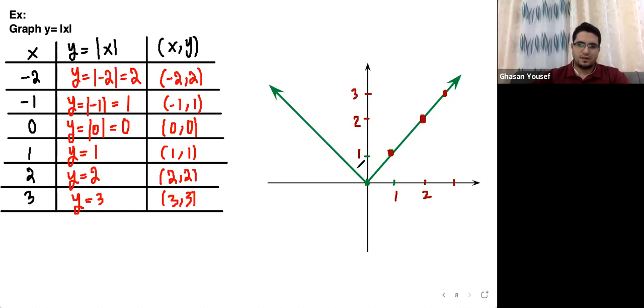Same thing for the negative. The points are similar to this one in the negative. So the first point will be like around here. Second point will be around here. Third point is here.